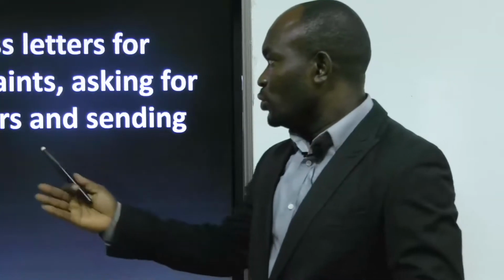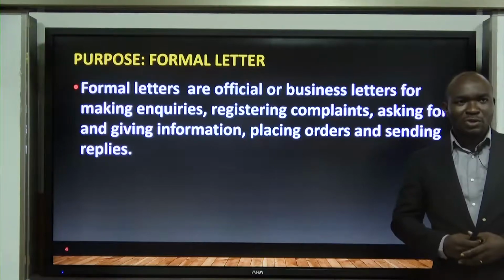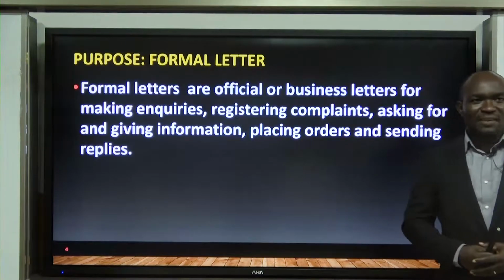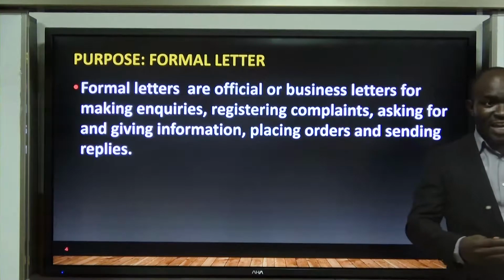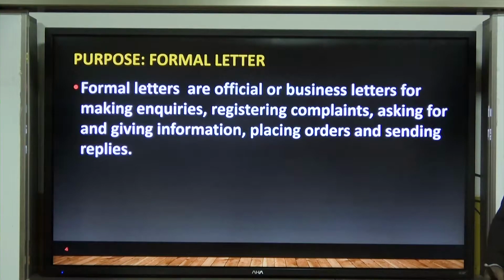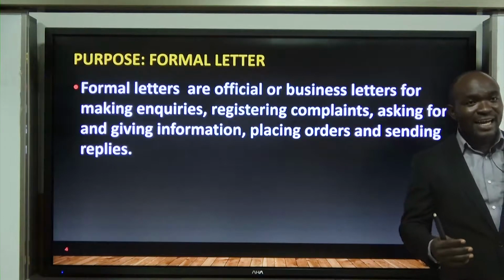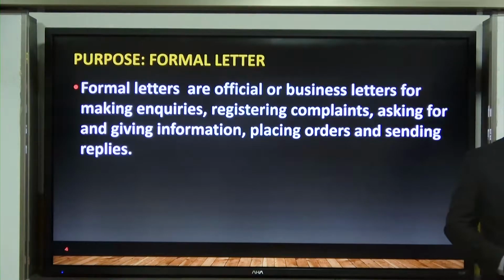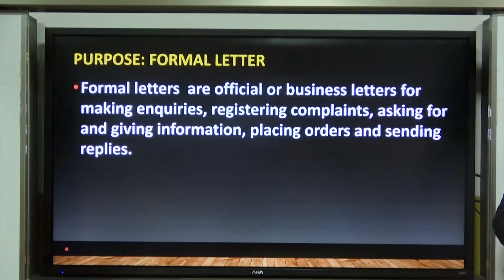You can write a formal letter to make inquiries, to complain about services, to register your disappointment, to even apply for a job. You can write a formal letter to appreciate a governor for something he has done. You can write a formal letter to place orders for business purposes. Is that clear?